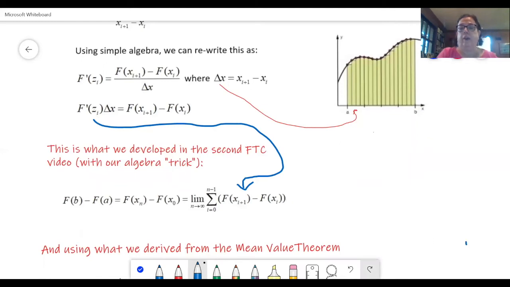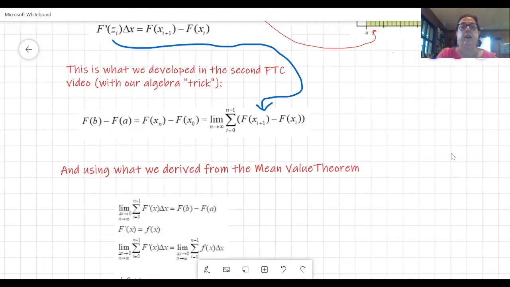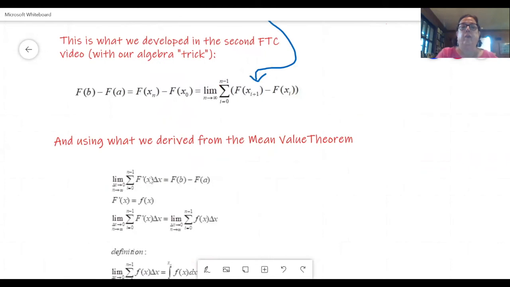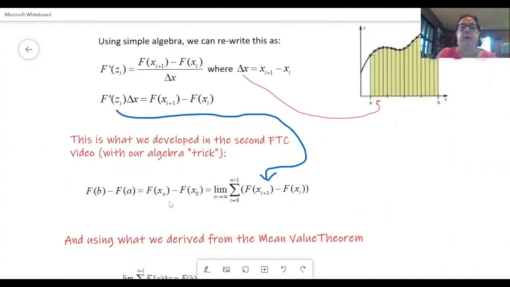But now we can combine that with our algebra trick. We are doing that replacement. What we said was equal to this expression is this derivative times delta x. So it's equal to f of b minus f of a.